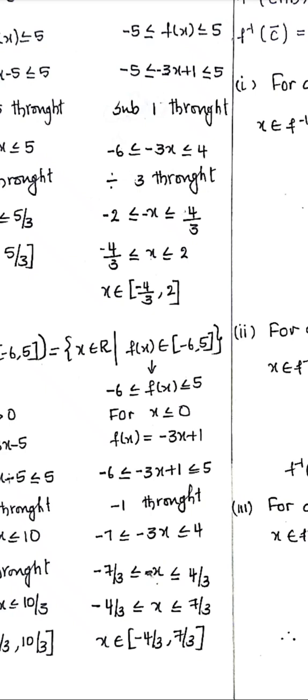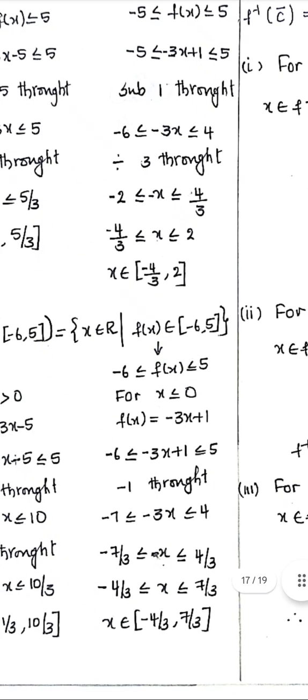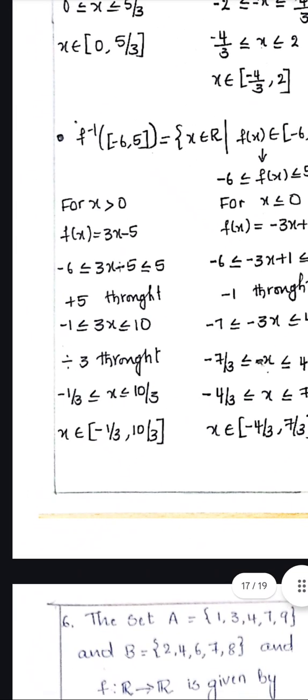So let us keep the minus as it is and then divide by 3 throughout. You will get minus 2 less than or equal to minus x less than or equal to 4 by 3. So if we remove the minus sign, then we will get minus 4 by 3 less than or equal to x less than or equal to 2.